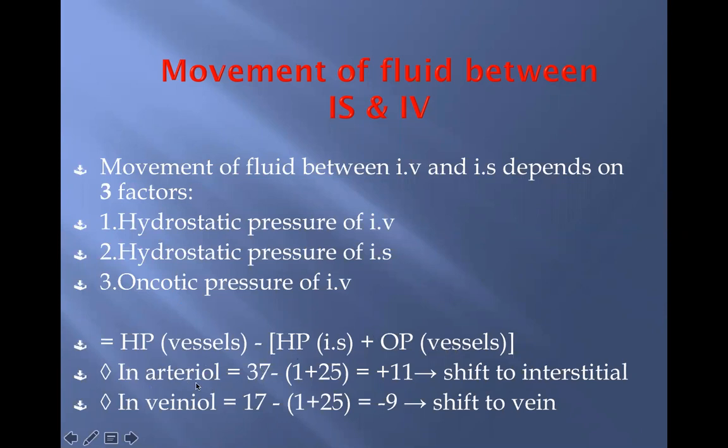In the arteriole, the hydrostatic pressure is more than that in the venule. So the end result will be the shift from the intravascular to the interstitial here. This is the normal physiological condition, while in the venule the shift is from the interstitial to the vein.